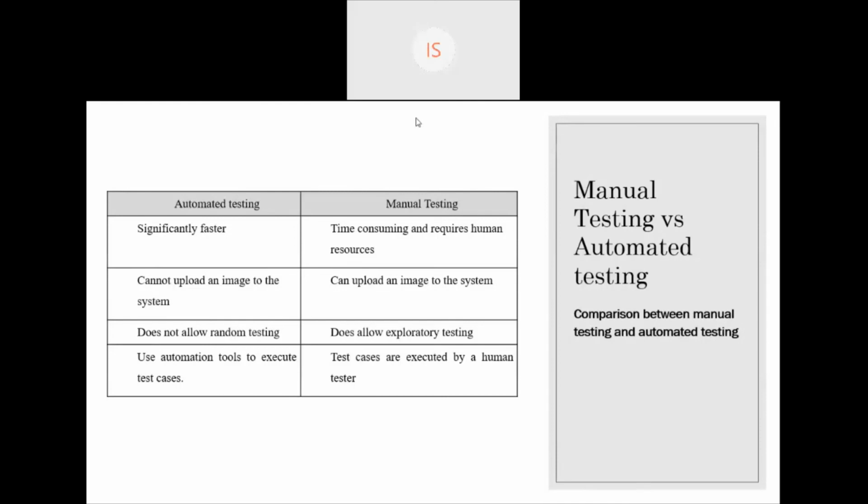The first is significantly faster, the second is it cannot upload an image to the system, the third is it doesn't allow random testing, and the fourth is it uses automation tools to execute test cases. And for the manual testing, it is time consuming and requires a human user, it can upload an image to the system, it does allow exploratory testing, and the last one is test cases are executed by a human tester.